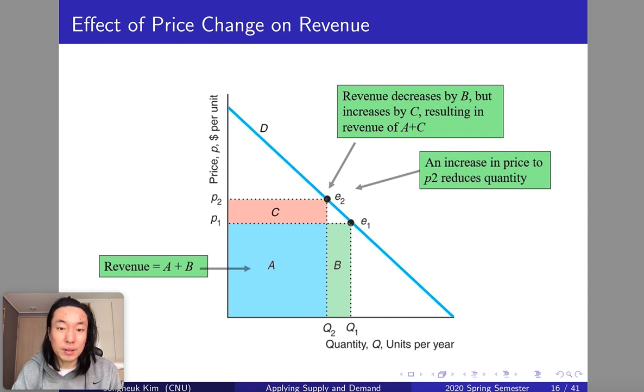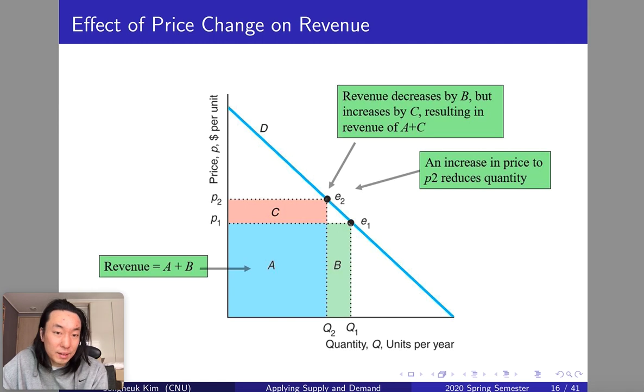How about E2? If the equilibrium point changes from E1 to E2, then the price level goes up from P1 to P2, and the equilibrium quantity decreases from Q1 to Q2. So the area of the rectangle is A plus C. Okay, so this is revenue.